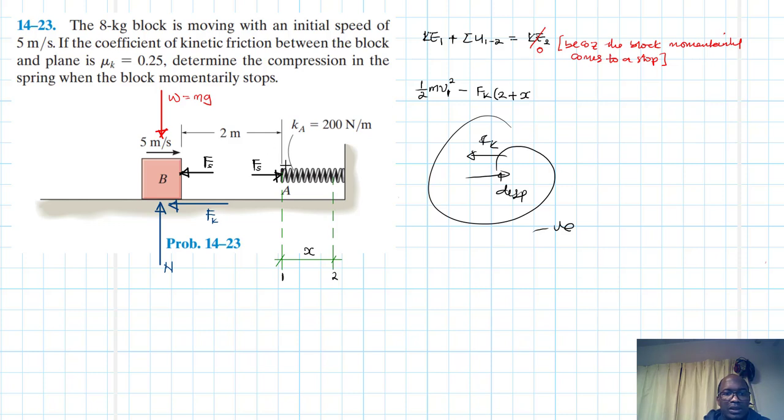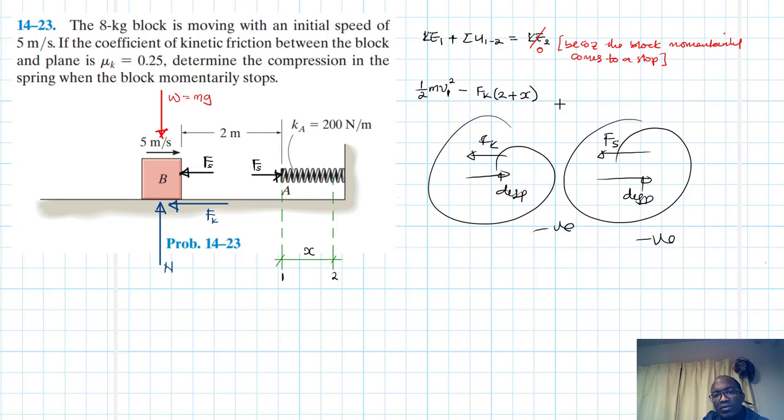There's this distance here, then plus the deformation. And then we have the work done by the spring. Again, it is going to be negative. We have Fs in this direction and the displacement in that direction. This is again negative work, so it's minus half k x squared, and then equal to 0.